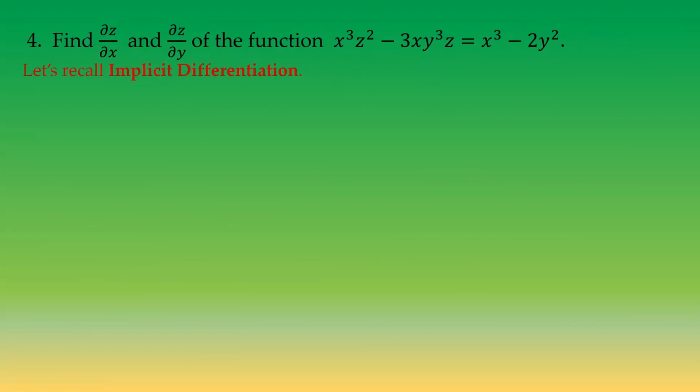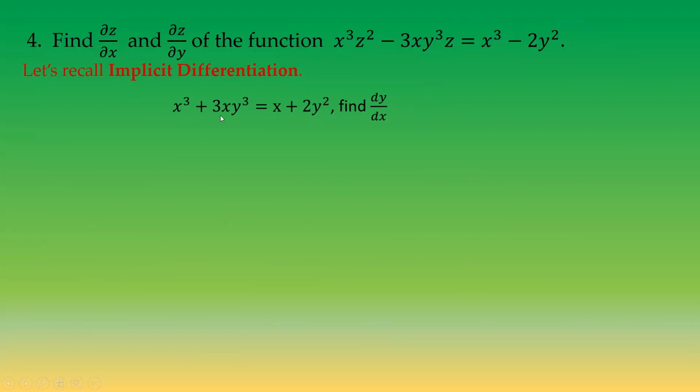Review tayo muna. So paano ba ang implicit differentiation? Ang implicit function, ito yung mga function na hindi pwedeng i-define as function of x or function of x and y. So halimbawa, meron tayong given equation. We have x cubed plus 3xy cubed equals x plus 2y squared.